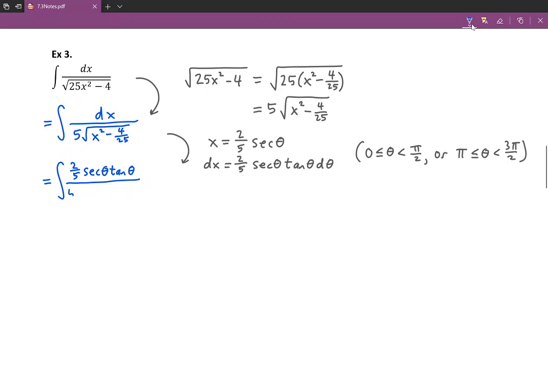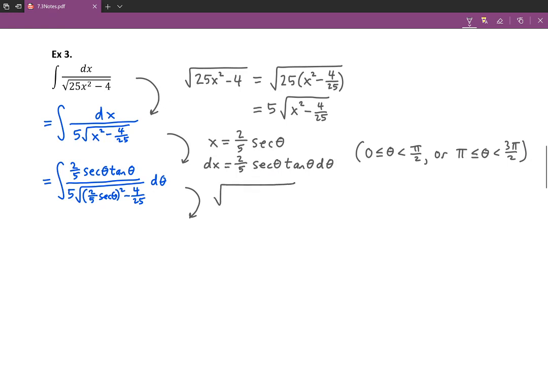And then we've got 5 times the square root of 2/5 secant theta squared minus 4 over 25. D theta, didn't want to forget about that. Switch to gray, and we'll go ahead and collapse the radical.